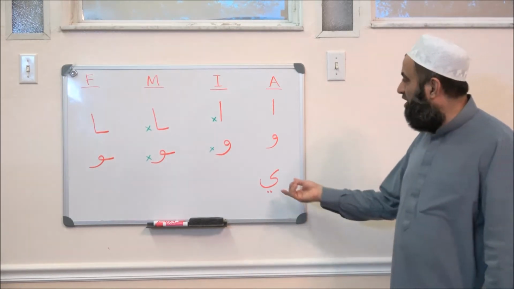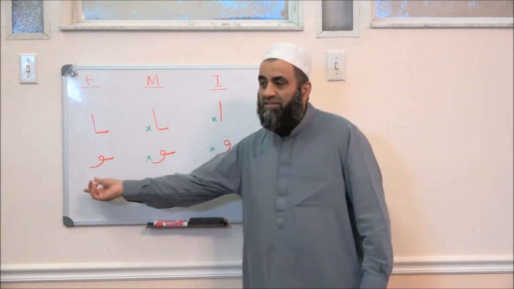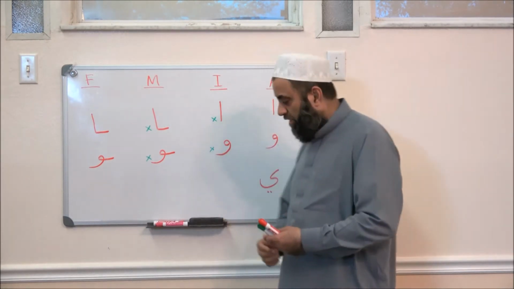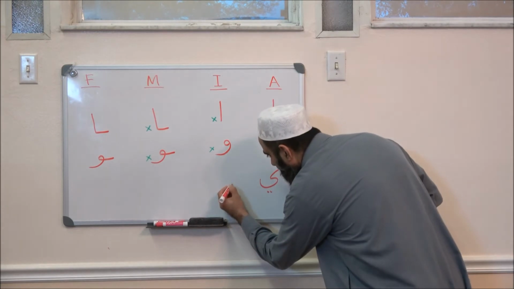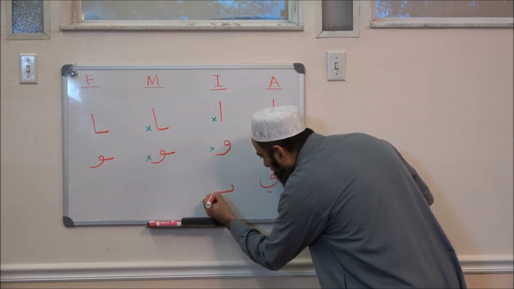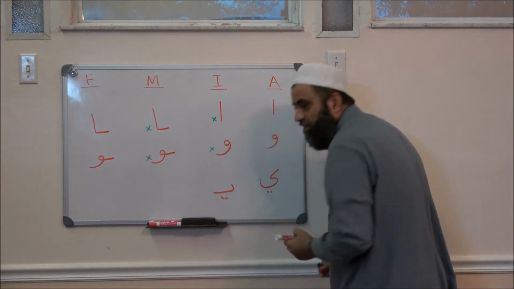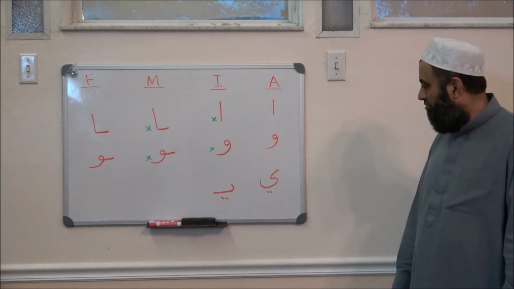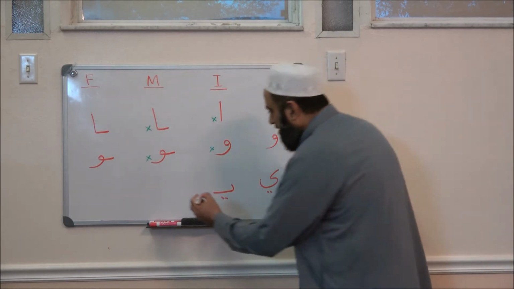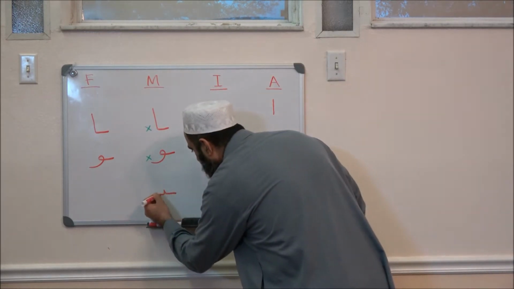It's going to be different in the standalone and the final. Okay, so let's draw the E. Here is my initial form, and remember the dots make the difference when letters look like the same. Here is my middle form.